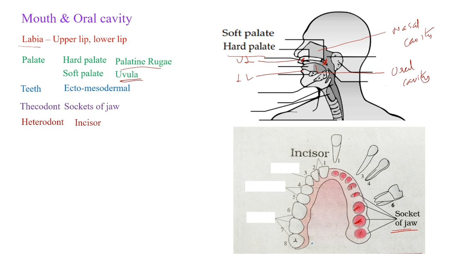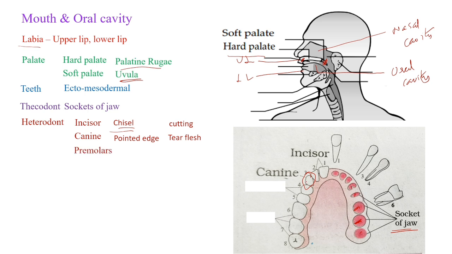Those four types are incisors, canines, premolars and molars. Incisors are chisel-shaped structures, useful for cutting food material. Canines have a pointed edge and are useful for tearing flesh, mostly found in carnivorous animals.